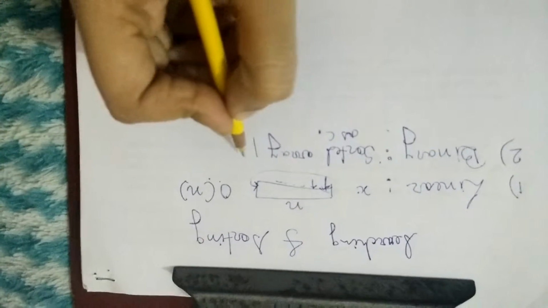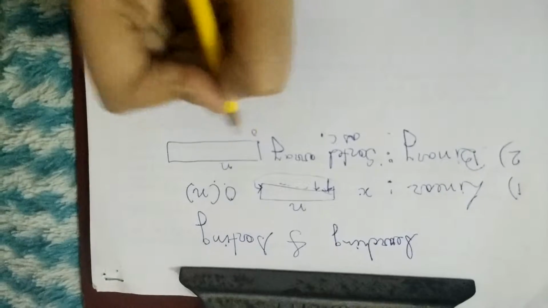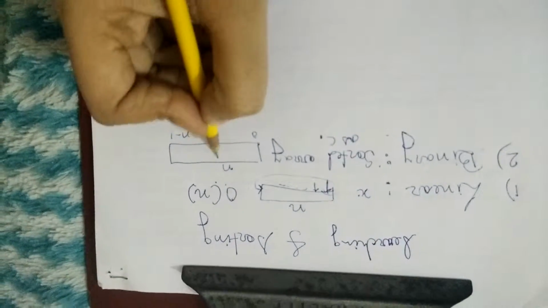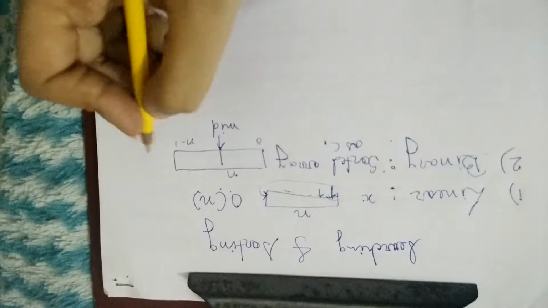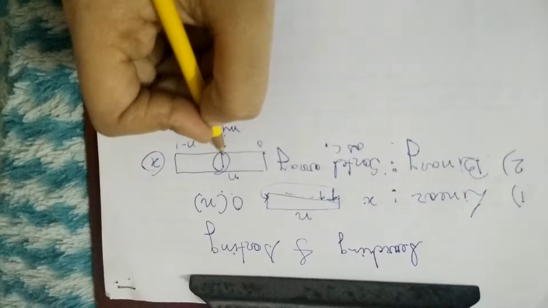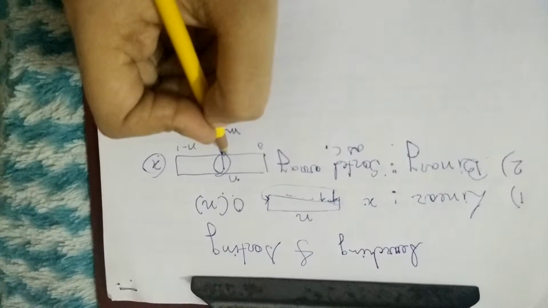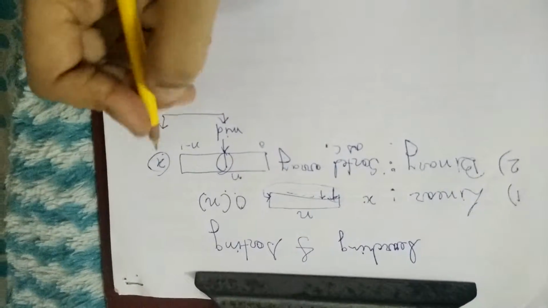Now the logic of binary search is, if you have elements in sorted form, then we will calculate the mid of that array and compare this x element with the middle element. If x is equal, then we have found the index.